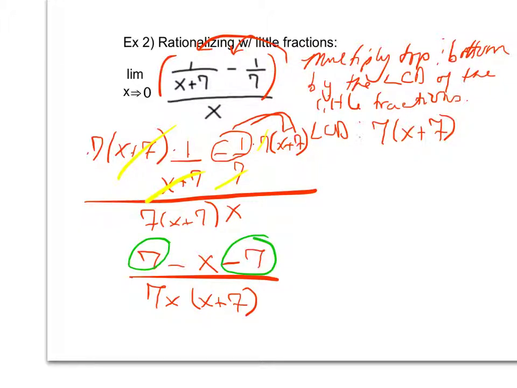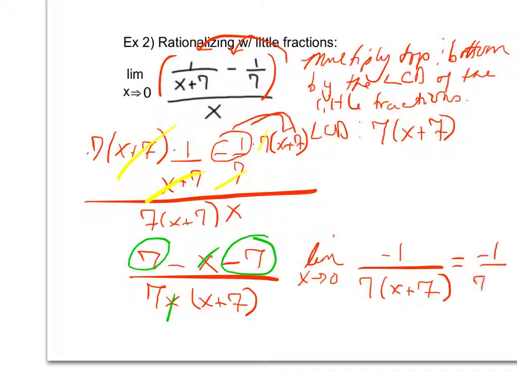And then I'm also going to be allowed to cancel my x's, leaving me with, instead of the limit of my original function, the limit as x approaches 0 of negative 1 on top, 7 times x plus 7 on the bottom, and guess what? Now I can use direct substitution. So using direct substitution, I plug my 0 in, and my limit is negative 1 over 7 times 7, or negative 1 over 49.